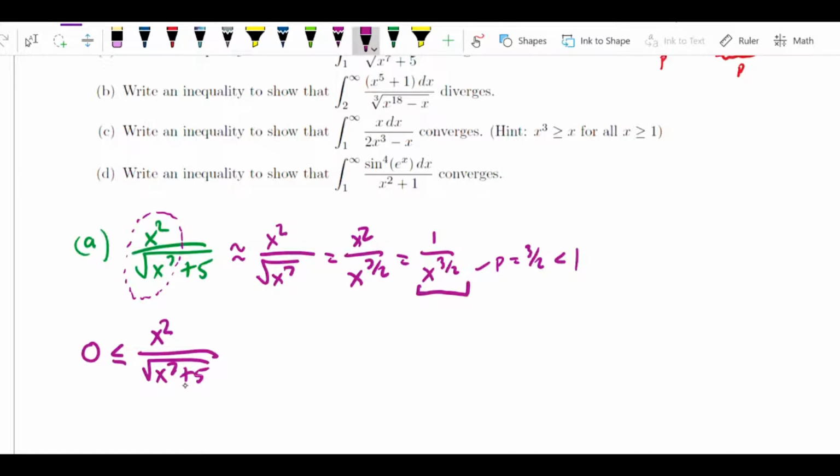Now, what I want to observe is that if I'm making the denominator bigger, then I'm making the fraction smaller. So this plus 5 is making this fraction smaller than the fraction x squared over the square root of x to the 7th. Now note that this is not the same stuff that you see directly above it. Above, I'm just focusing on the higher powers and saying that that's probably the integral that I want.